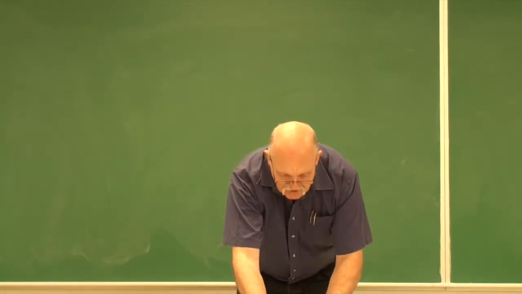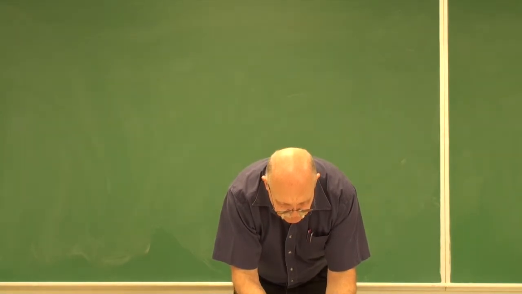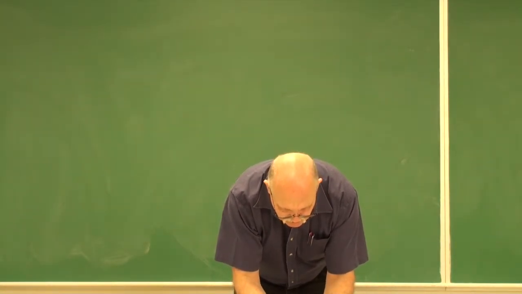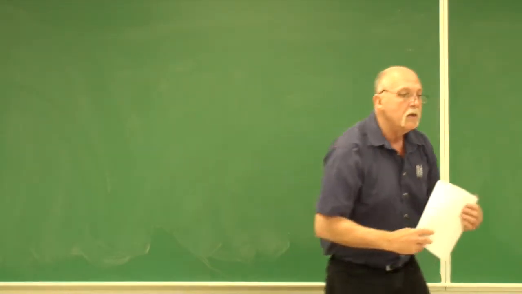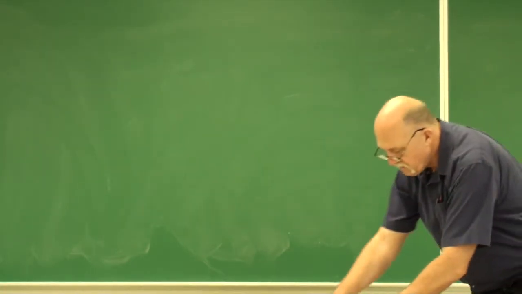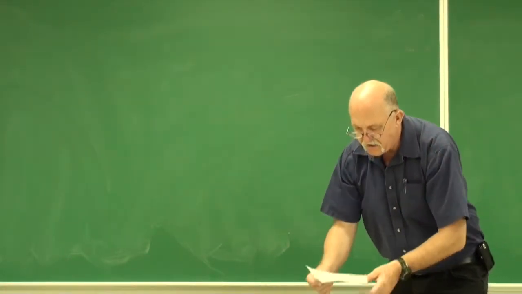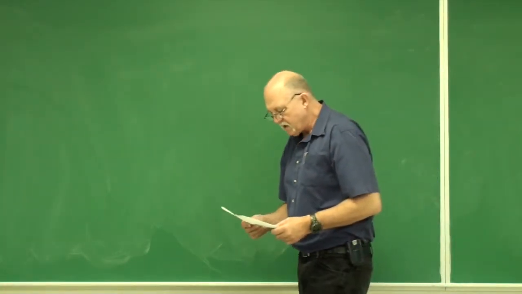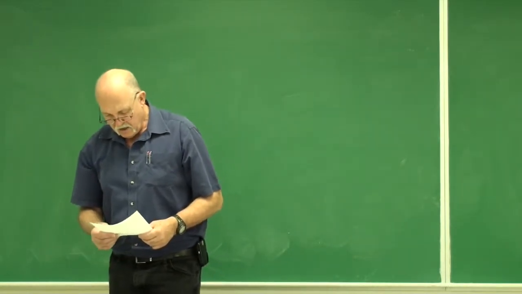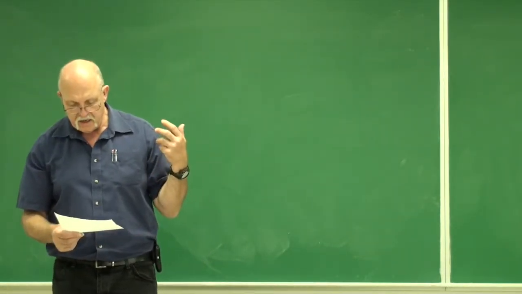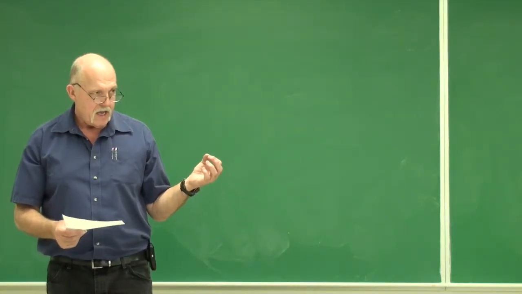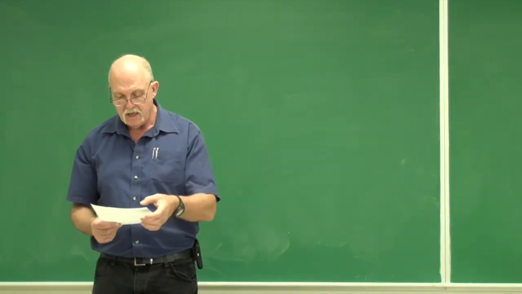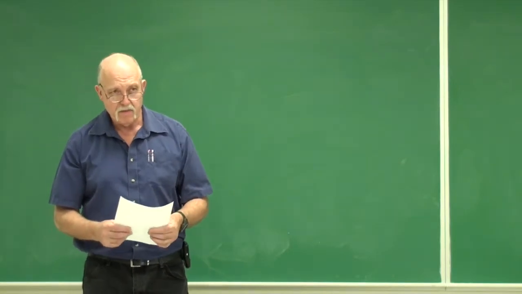Now, I want to give you a sheet of information that hopefully will be useful. So these are just physical constants, and we'll be using a number of these throughout the course. It's important that you know some of them.